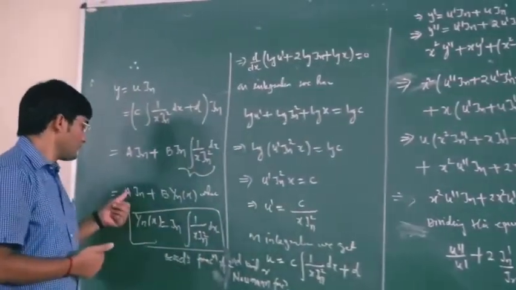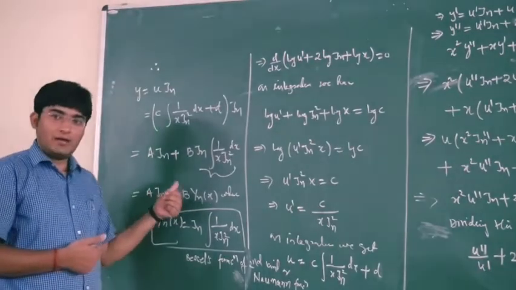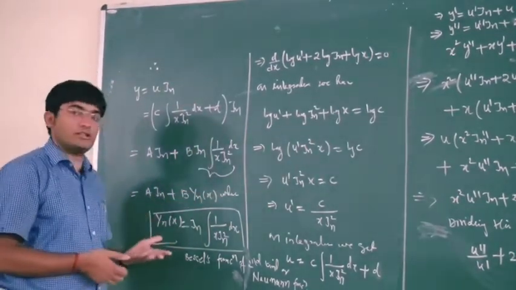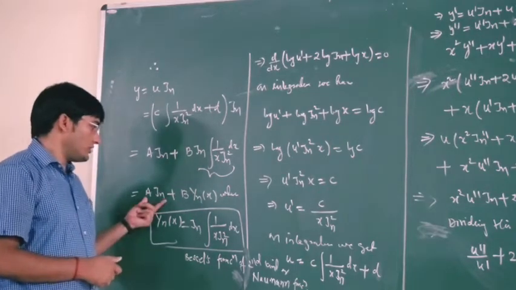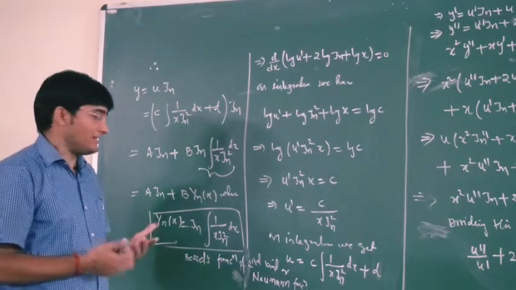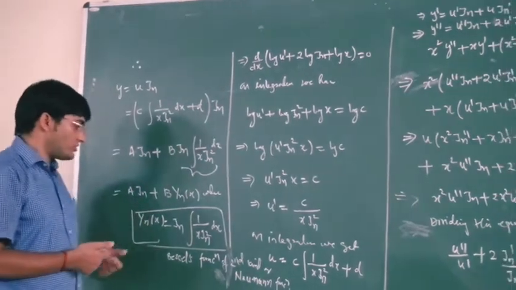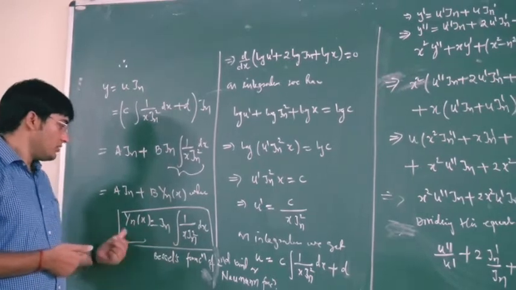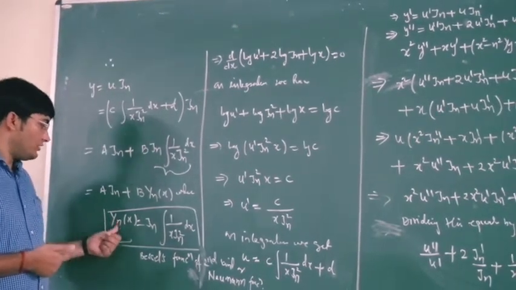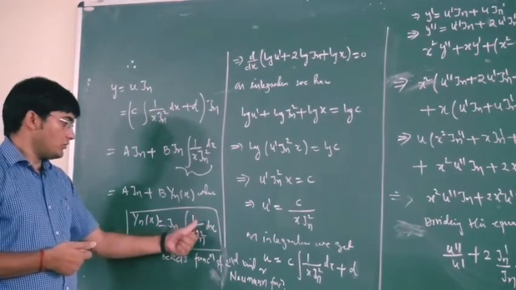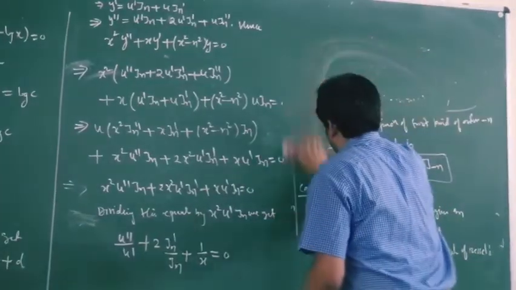In this case, the first solution is Jn, which we have already got for the first initial root, and the solution for minus n is not giving you an independent solution. So the second solution in this case, when n is an integer, will be Yn, which is Jn times the integration of 1 upon x Jn square dx.